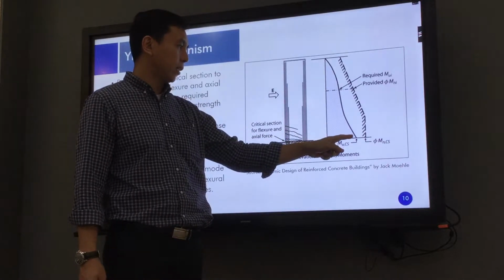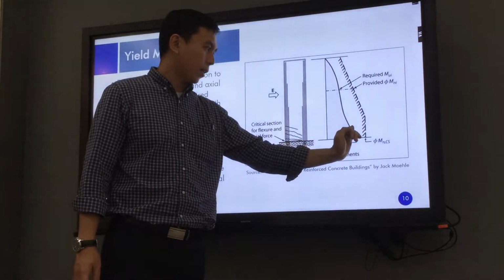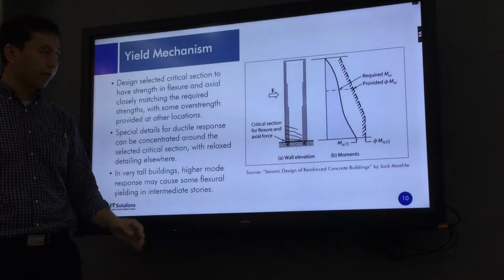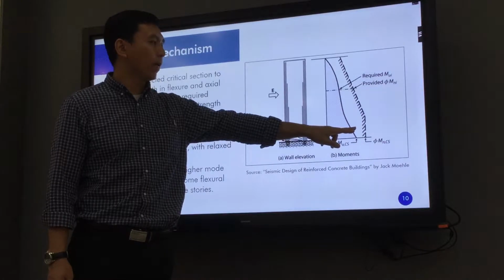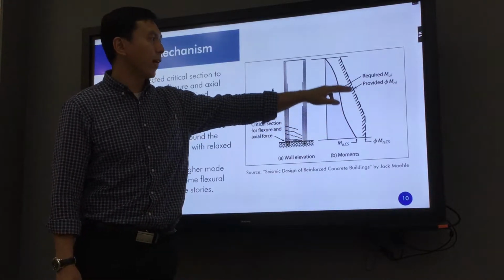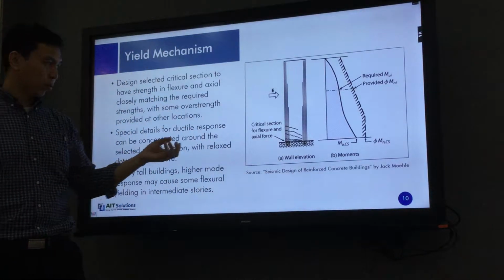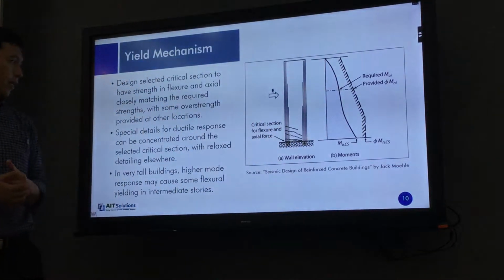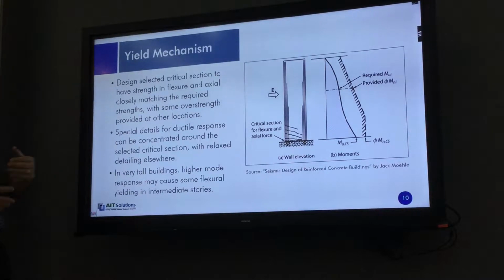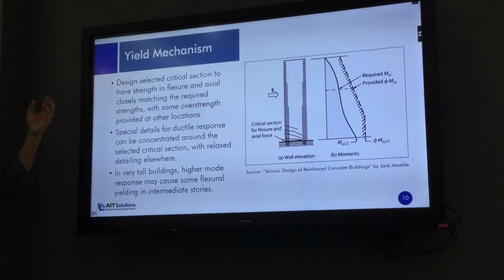At the base of the wall, we provide vertical reinforcement just enough to satisfy that moment demand, and at upper levels we provide more reinforcement. If a strong earthquake comes, this wall will yield in that location, but we have to provide good ductility. At upper levels, we can reduce the ductility requirements and relax the confinement reinforcement.